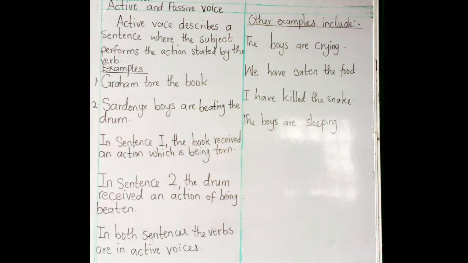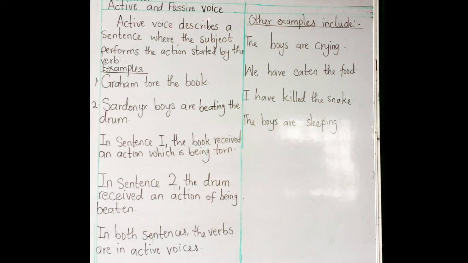Once you are able to get the origin of the word, or at least the root from where the word comes from, then it will be easy to make good use of that word. So the word active comes from the word act, which is to do, to carry out, to perform. So that's what active means. Forget about passive for today. We'll take passive some other time, but for now, just concentrate more on the active.